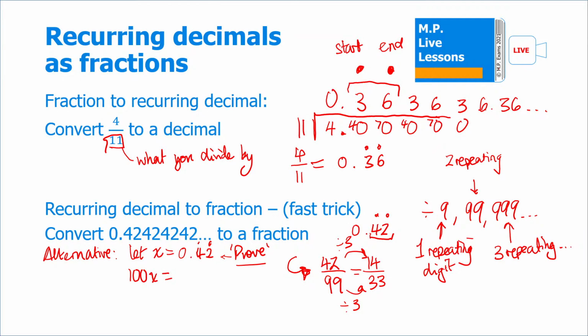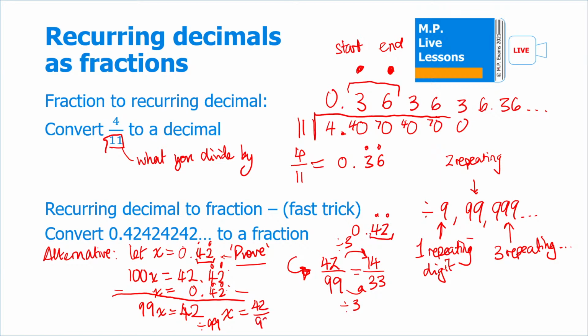So you get 42, which is one chunk of this repeating 4-2, but you'd still crucially have this 4-2 recurring, because the 4-2 recurring goes on forever. Underneath you'll just have x on its own, which is 0, but also has a 4-2 recurring section. And the magic happens after you subtract, you get 99x. This is why we have the trick of 99 or 999. And you'd also subtract on this side, so you just get 42. And luckily these two recurring bits will cancel out because they're exactly the same. To get x on its own, we divide both sides by 99. So we get 42 over 99. Simplify it a similar way, and we still get 14 over 33.